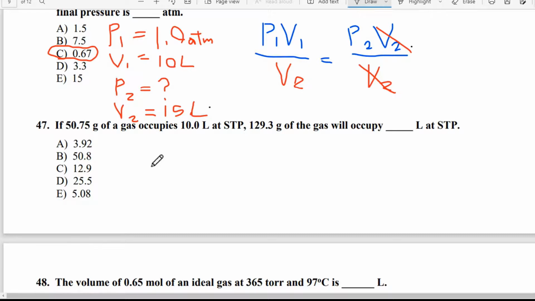Intuitively, this is two sets of conditions, right? The hard way to analyze this would be to basically say, well, it's two sets of conditions. P1 V1 over N1 T1 is equal to P2 V2 over N2 T2.